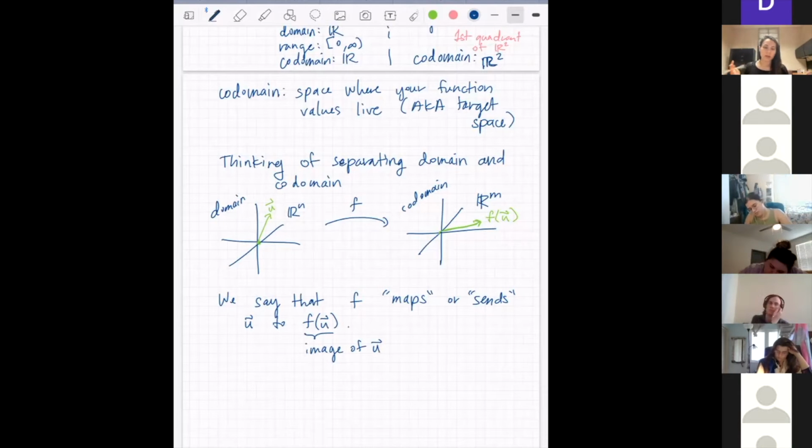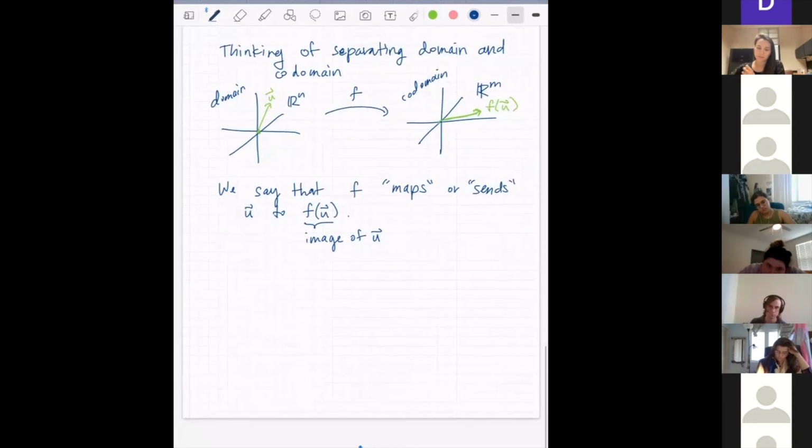All of this language is going to help you envision the function in this way. As a mapping, it takes one vector and maps it to another vector in the codomain.